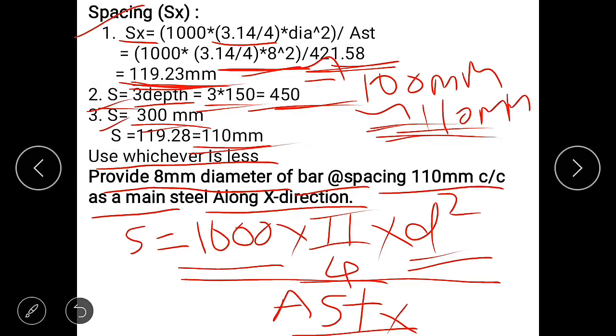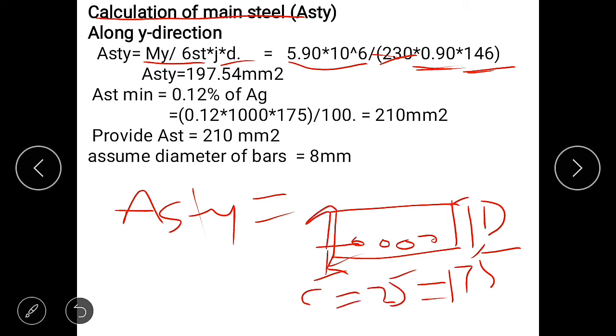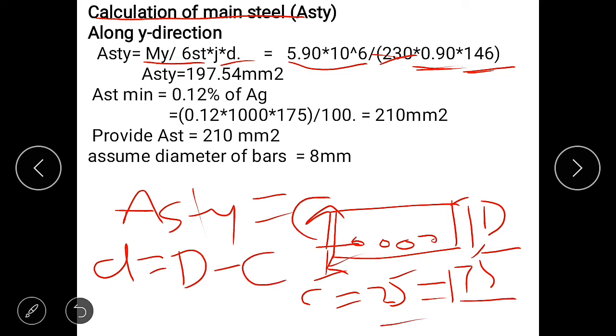Before the bars, the cover is C, cover is equal to 25. So small d is equal to D minus C, so 175 minus 25 here is 150.